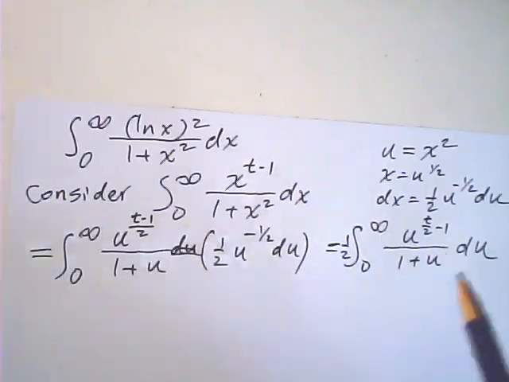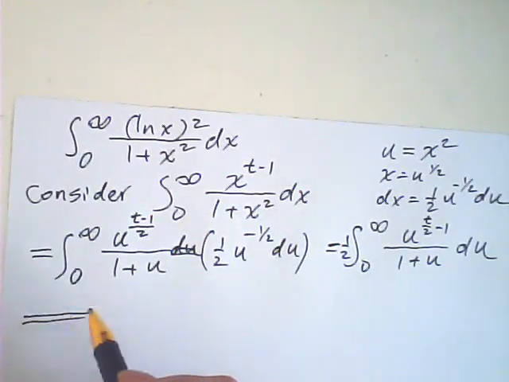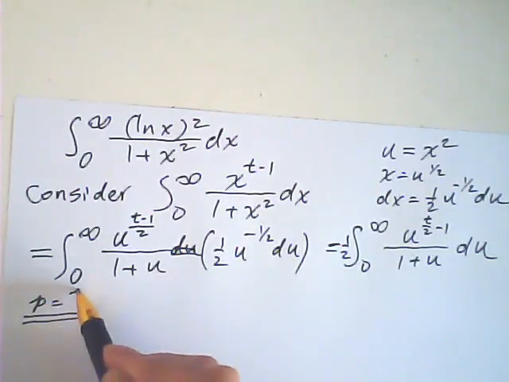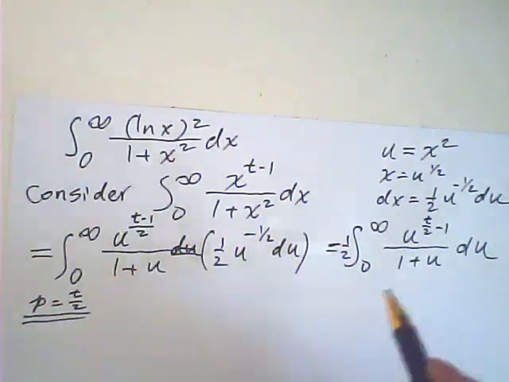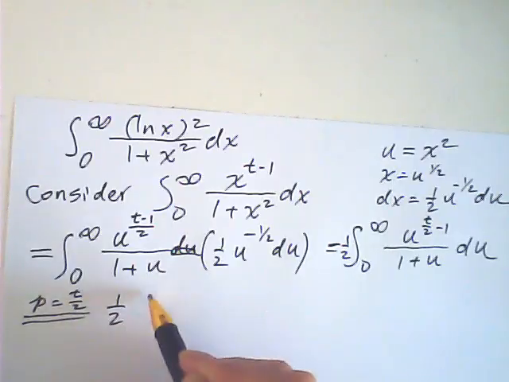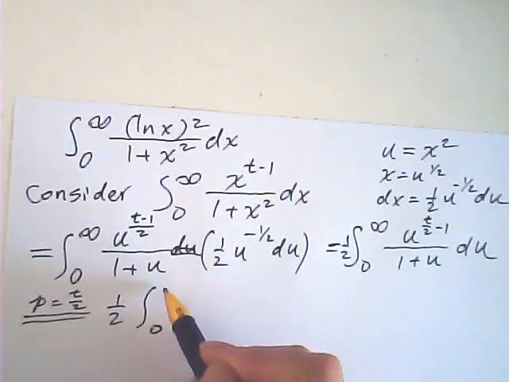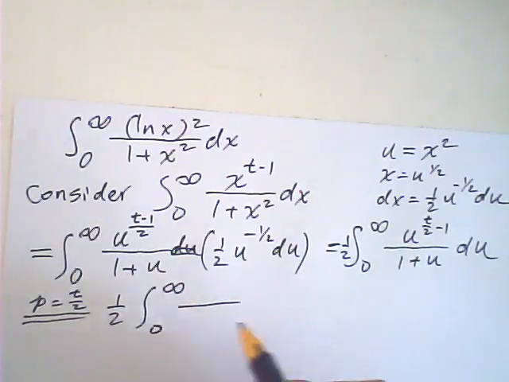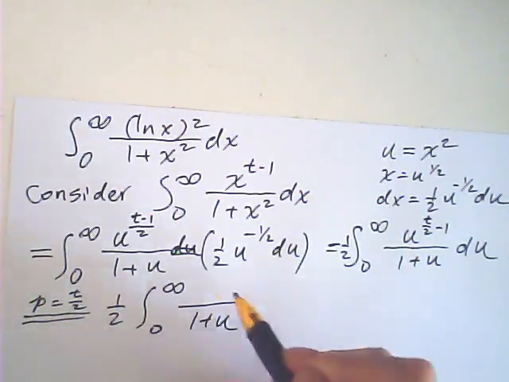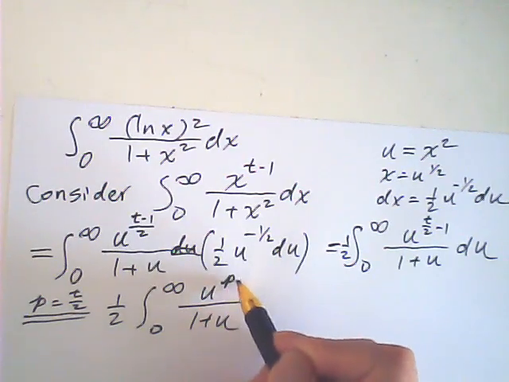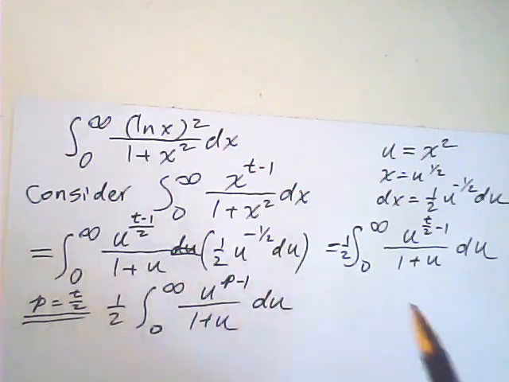If I replace half t by p, so p is half t, then my integral becomes 1/2 times the integral of u to the p minus 1 over 1 plus u, du.